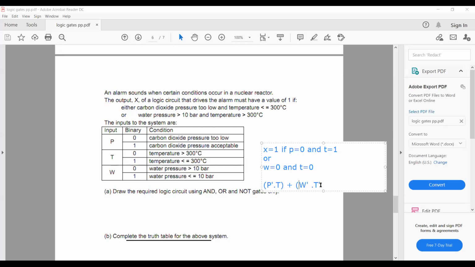I'm not going to draw the circuit, and I'm not going to draw the truth table even. You have three inputs. If you can take them separately, you can easily get the output or truth table, right?